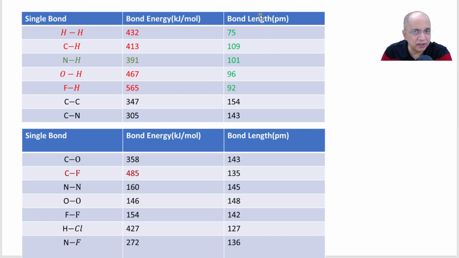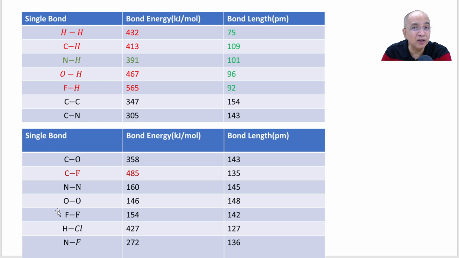We're not talking anything about bond length now. Talking only about bond energy. But these are not involving hydrogen. From here to here, you will find all of them are lower than this, excepting NH. The general idea is that single bonds involving hydrogen are stronger, excepting NH.